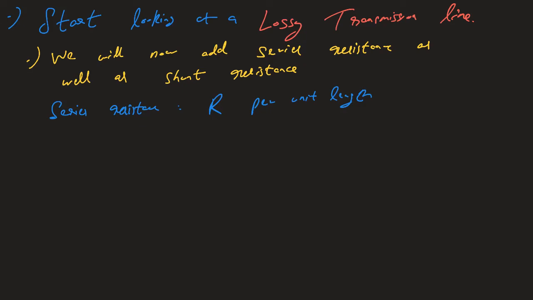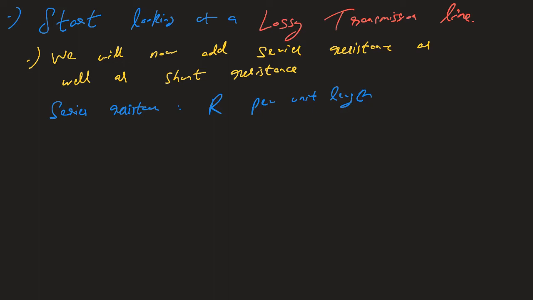So basically in our lossless model, we assume that there is no conductance, there is no parasitic flow of current from one conductor to the other, right? And so we assume that the shunt resistance is infinite.